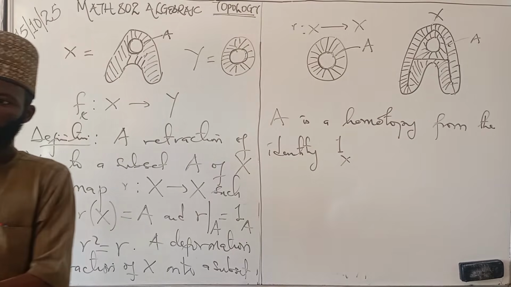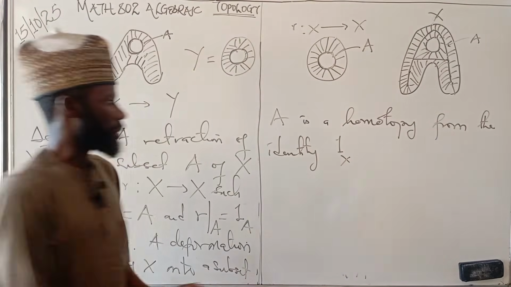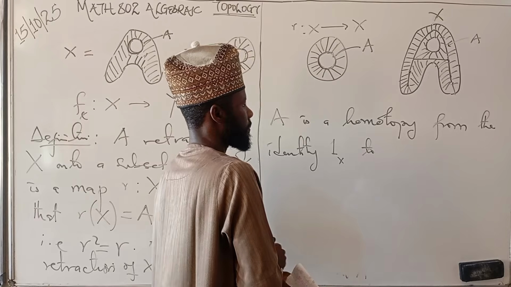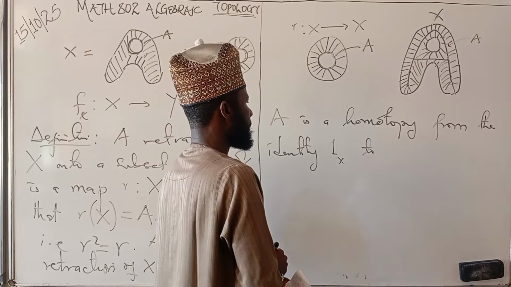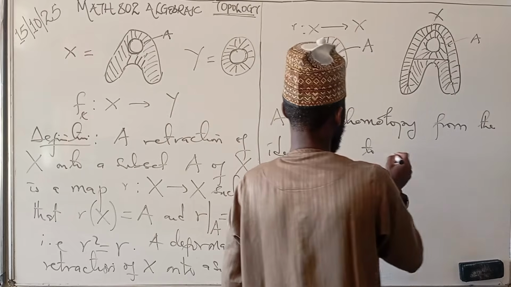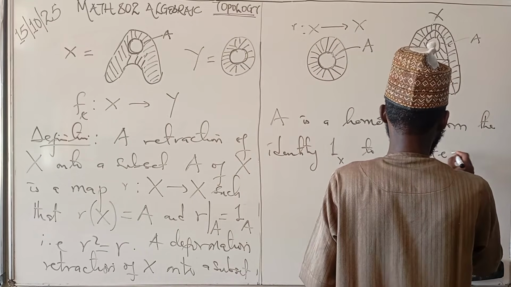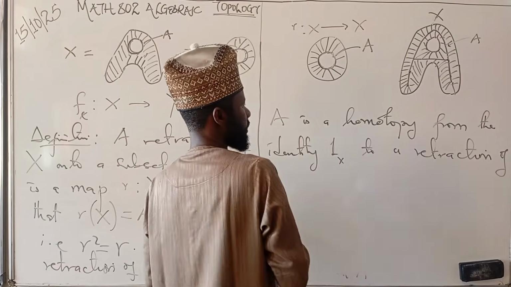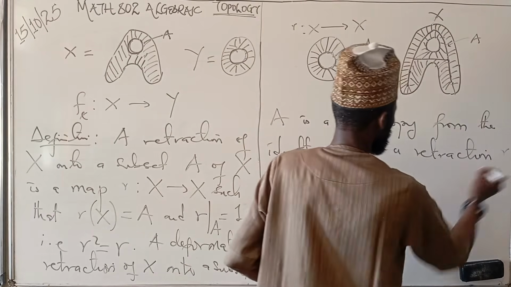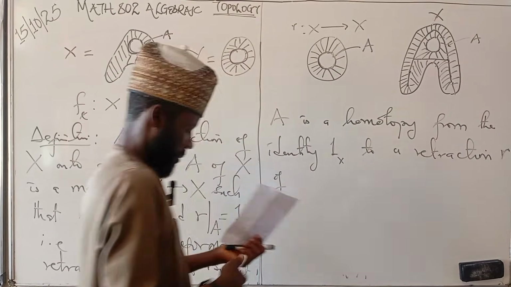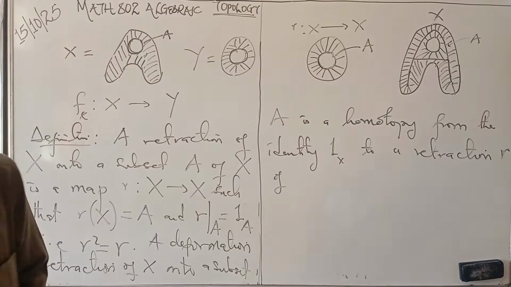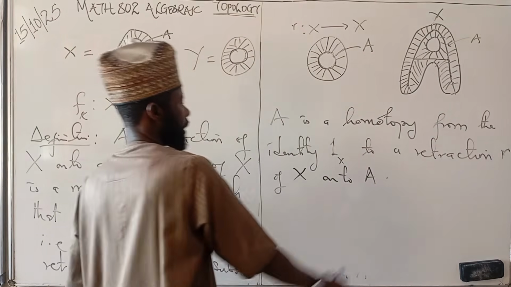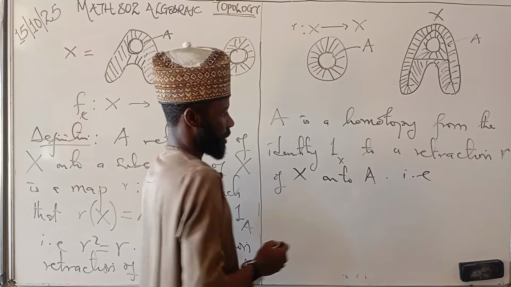So the initial map in the homotopy, F0, should be the identity, to a retraction R of the space X onto A. So that is what a deformation retraction is.